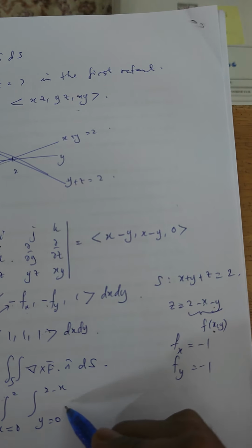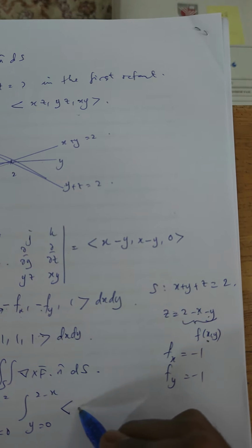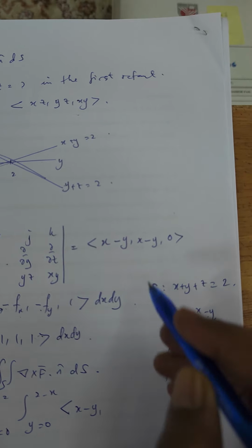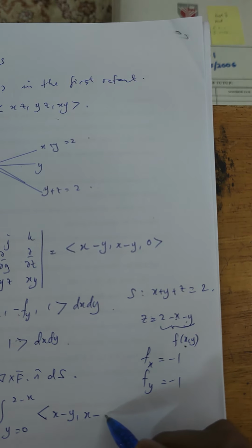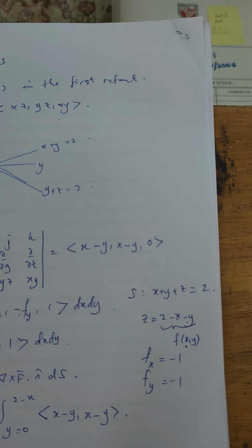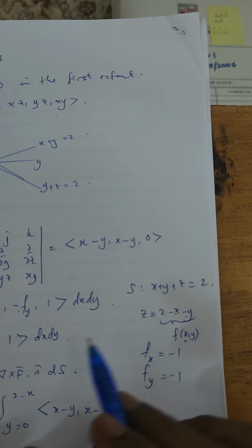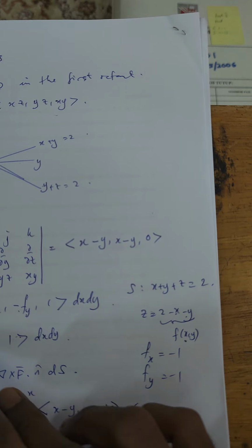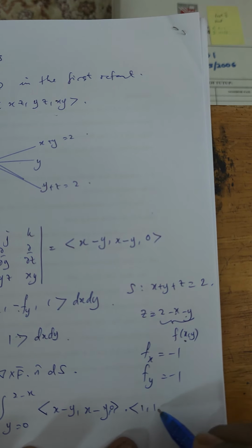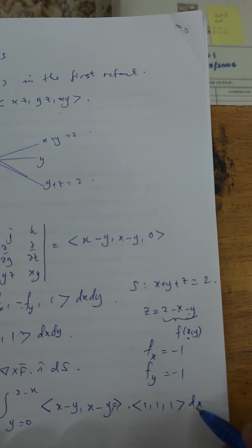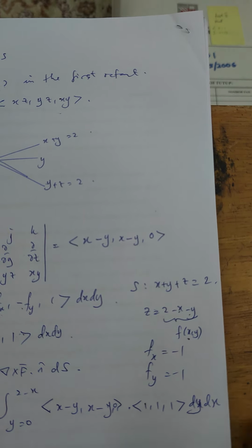So we got x minus y, x minus z, x minus y, z is 0, I can just put 0 there, and then we have n dS is 1, 1, 1 dx dy. So in this case dy dx.